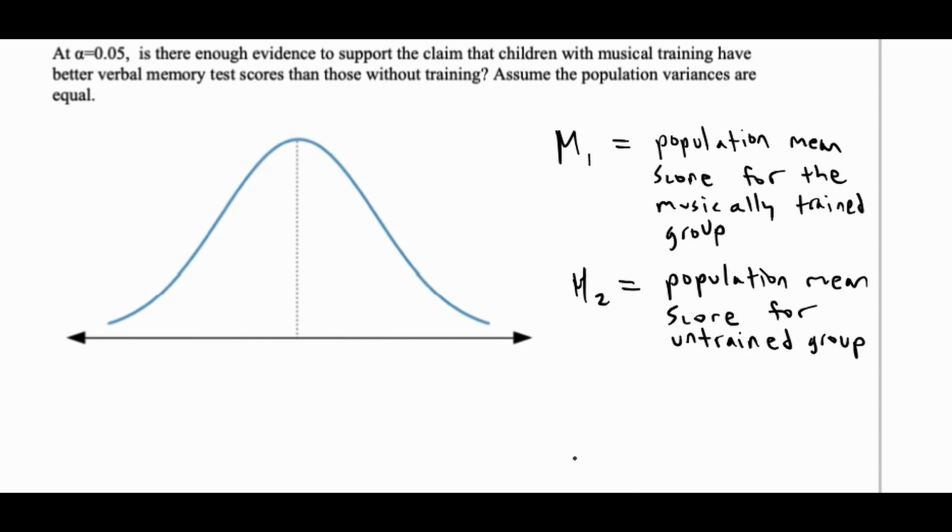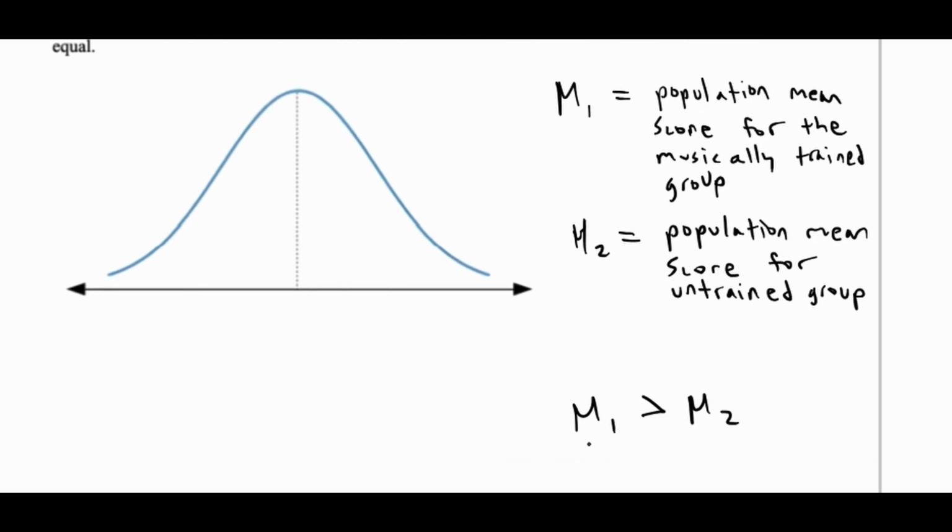What they are claiming here is that mu1 is greater than mu2, so having the training will significantly increase their scores. That's the claim. The opposite would be less than or equal. This one is H0, and the claim is HA this time. This is going to be a one-tailed test, and it's going to be a right-tailed test.